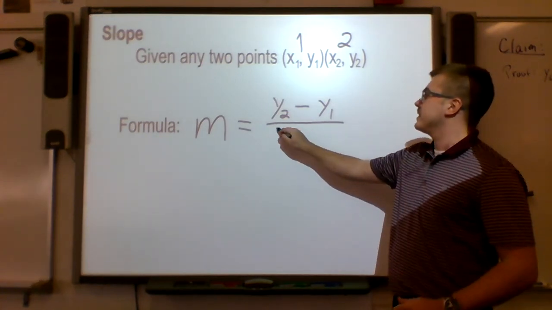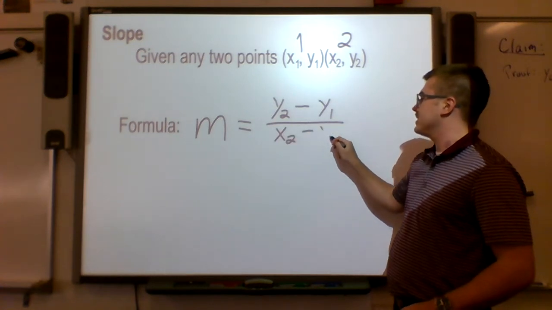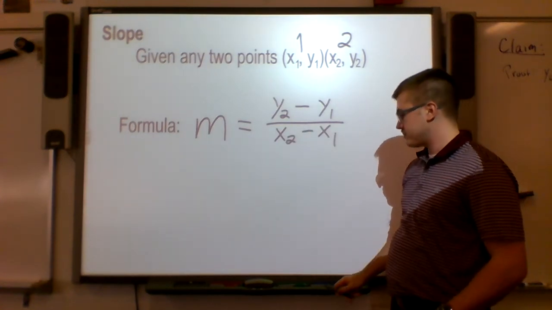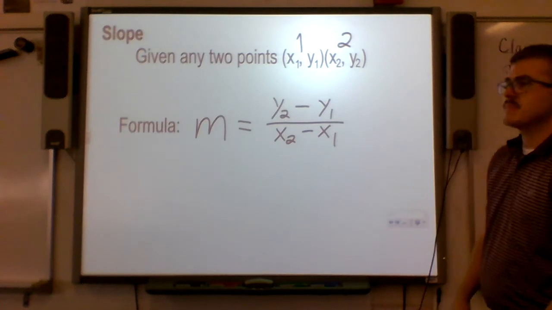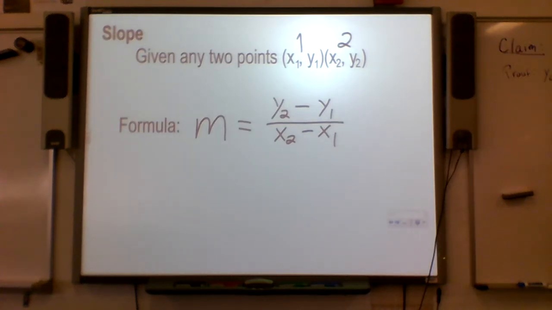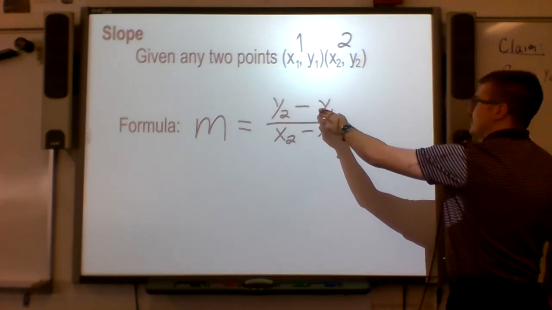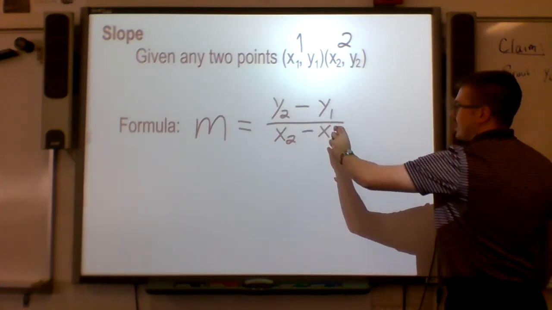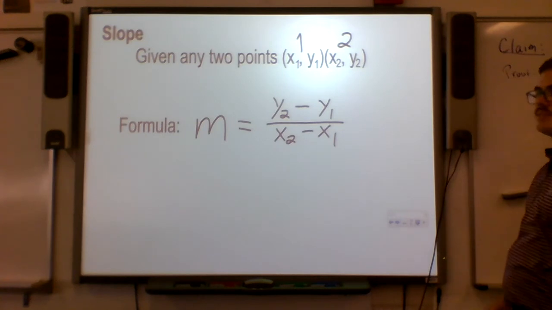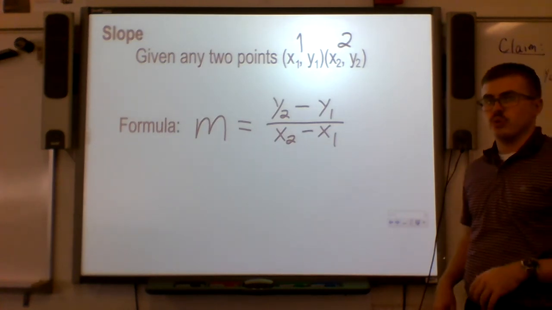Then on the bottom, the second x value minus the first x value. So given any 2 points, if you take the second y value minus the first y value over the second x value minus the first x value, then you're going to get your slope.